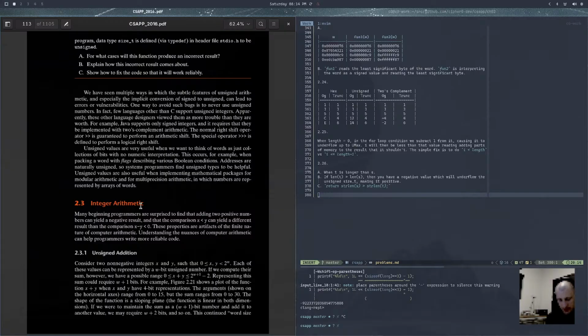Unsigned addition. Consider two non-negative integers, x and y, such as x is greater than or equal to 0, and y is less than 2 to the w. Each of these values can be represented by a w-bit unsigned number.